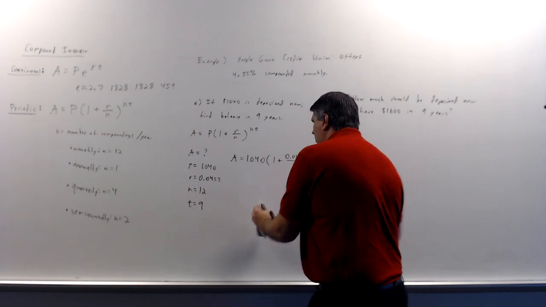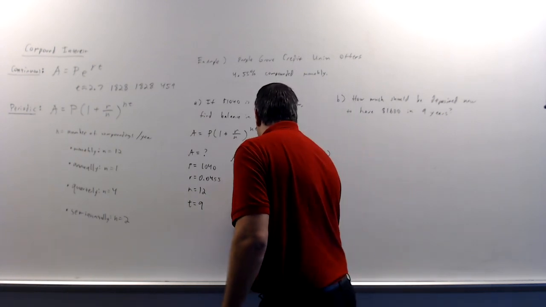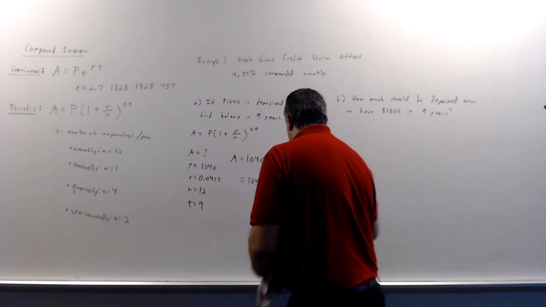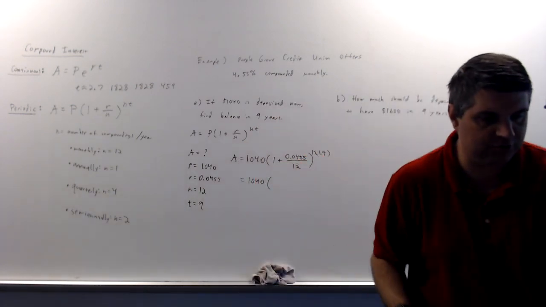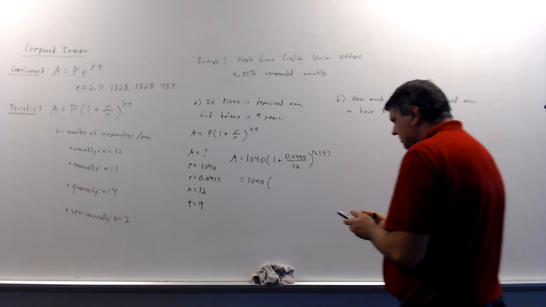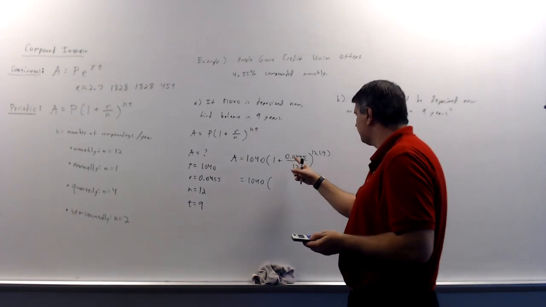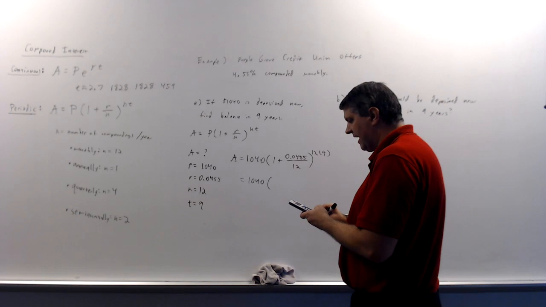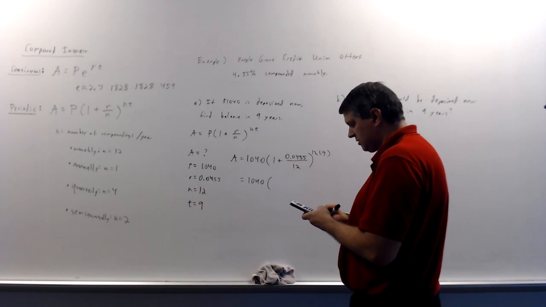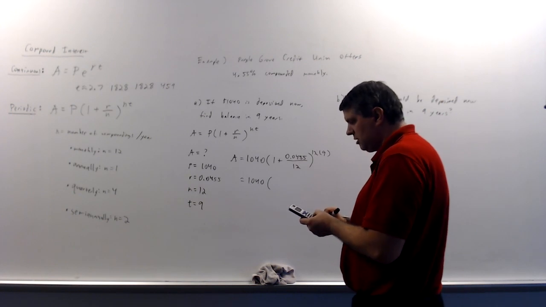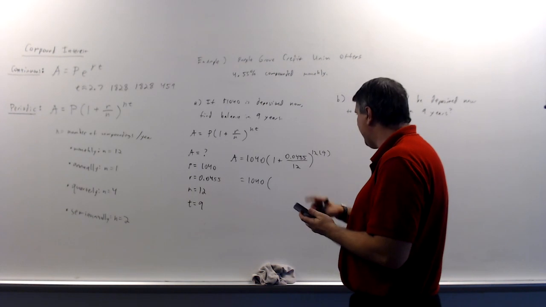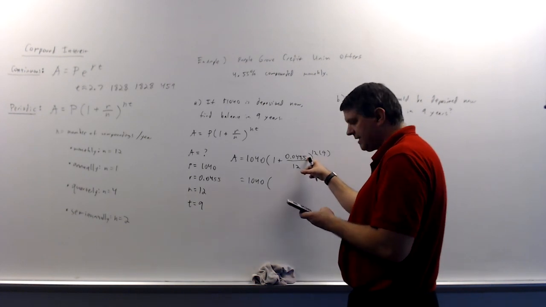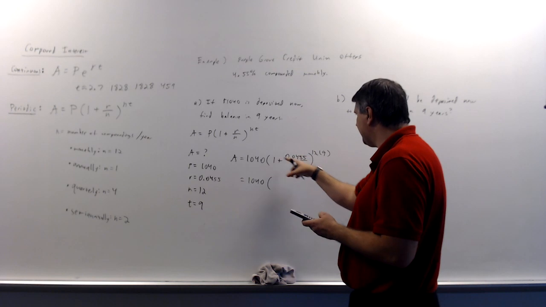So A equals 1,040 times that, and I'm going to see if that divides cleanly. I don't think it does. So 0.0455 divided by 12 plus 1. What I went ahead and did is divide first, then add.